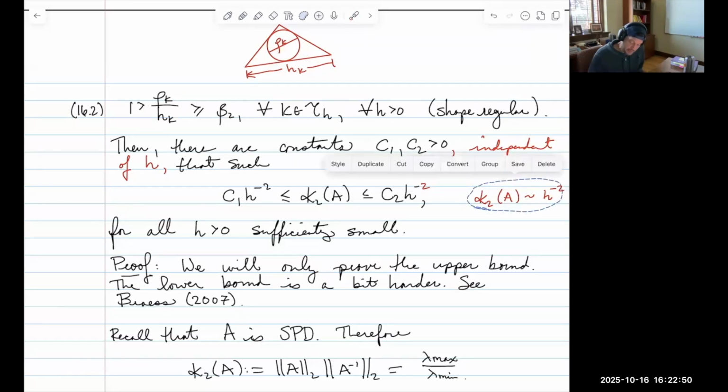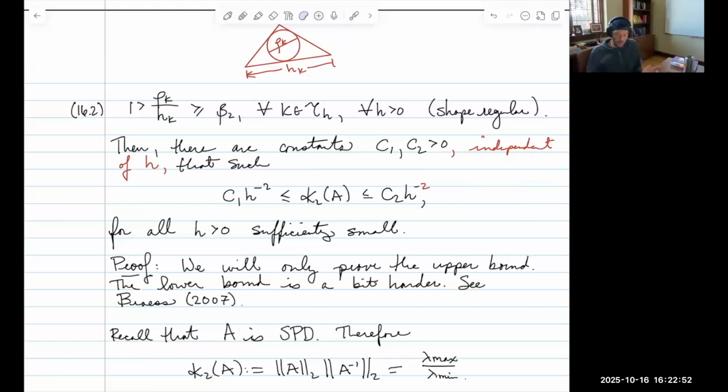The condition number, we would like that to be of order 1. You know, 10 would be fine, 100 is fine, but we don't want it to be the size of a million. The reason is that numerical methods start to suffer when you're dealing with matrices which have very large condition numbers. We talked about this in 571 and a little bit in 572.